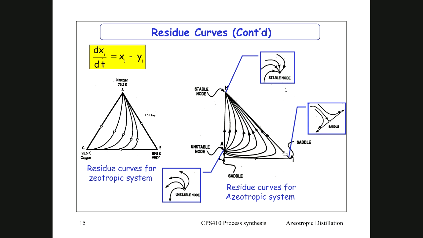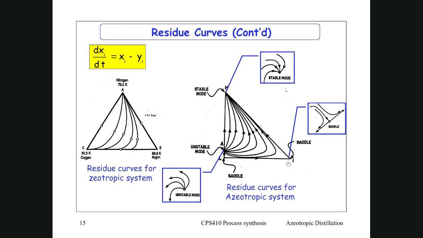So the lever rule, in other words, a mass balance, that you can draw a line across here, and if you've got something that's halfway across the line and you distill it, you can get something over there and you can get something over there, and it all occurs in a straight line. And similarly, that straight line occurs on this orthogonal system axis that we've got over here with H, L, and I.